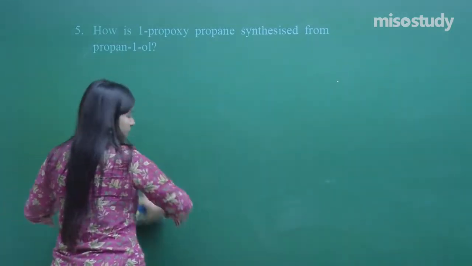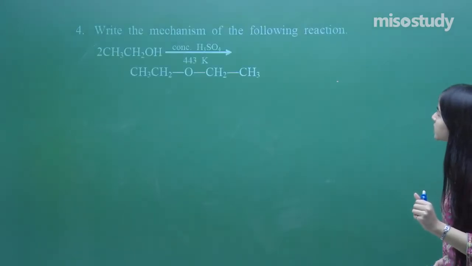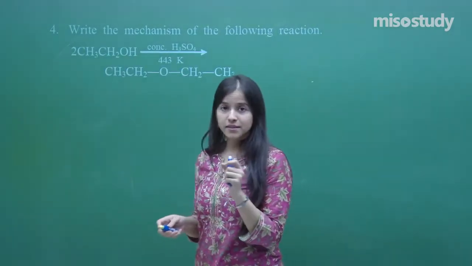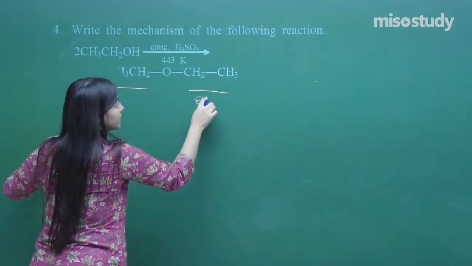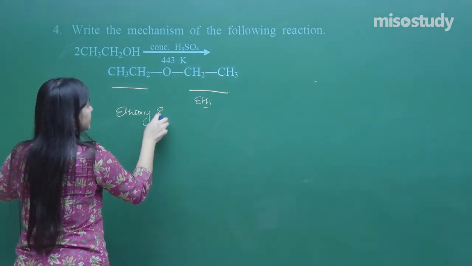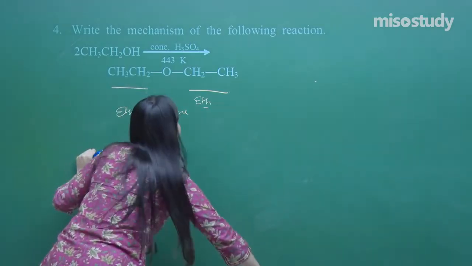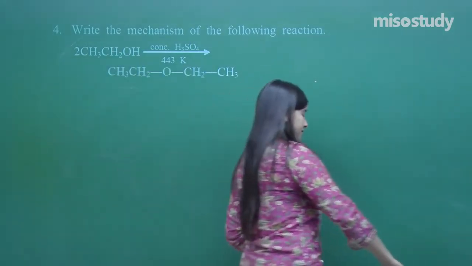What just got in my mind is in the previous question, that is not propoxypropane. I mistakenly said that. Eth is there, so it's basically ethoxyethane, right? Clear? Now, I hope everybody has made the corrections.